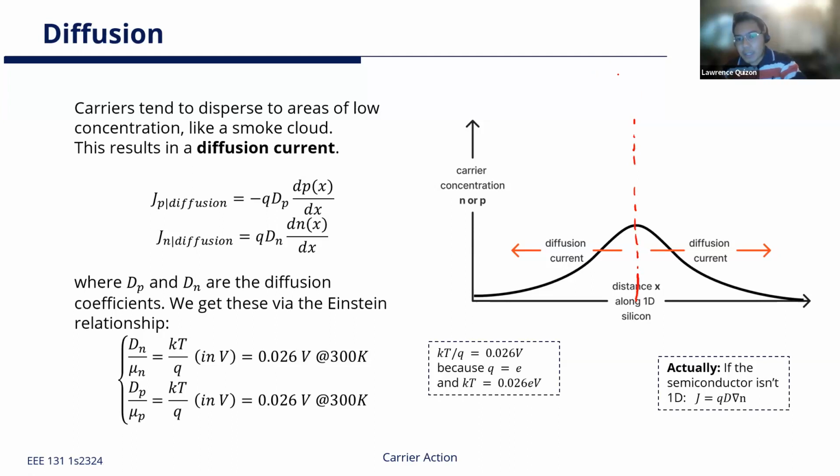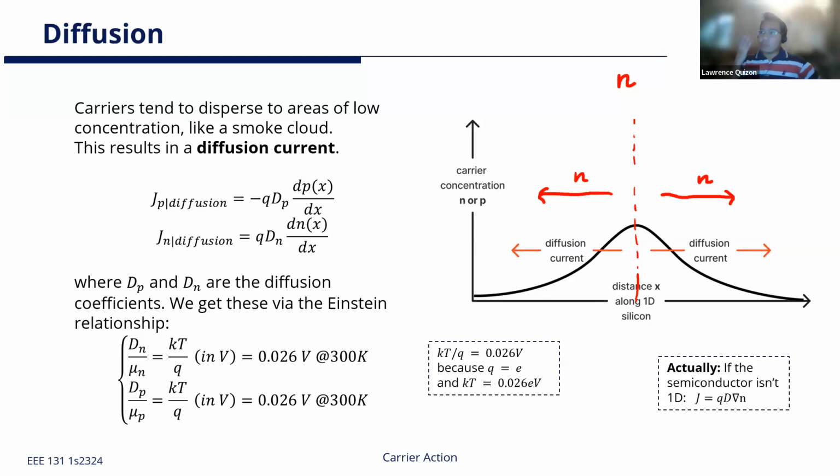If our carrier was an electron, if the majority carriers were electrons, what happens here? Electrons will be moving away from the middle, right? So when they are like that, what is the direction of the current? Well, electrons are negatively charged, right?